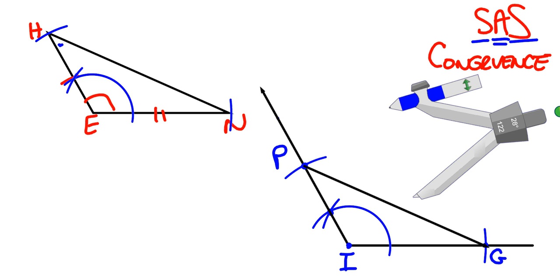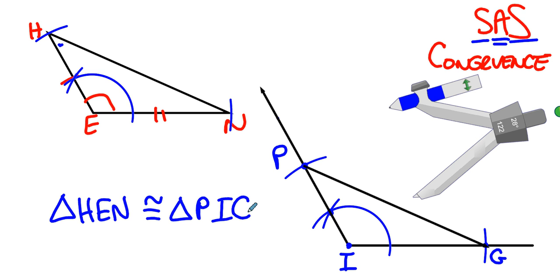So by side-angle-side, triangle HEN is congruent to triangle PIG. We made a side, we copied an angle, we copied a side, and we know that this triangle must be congruent to that triangle.